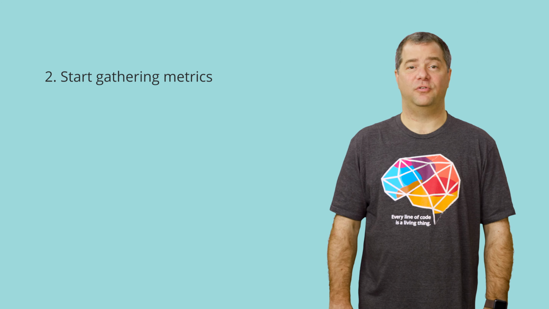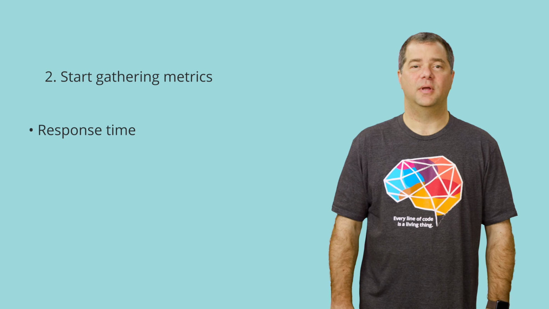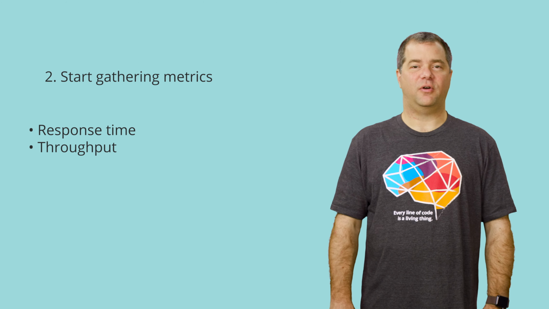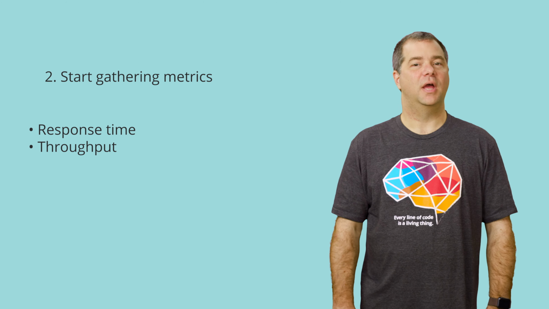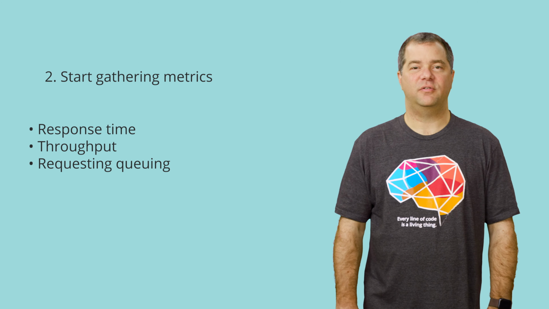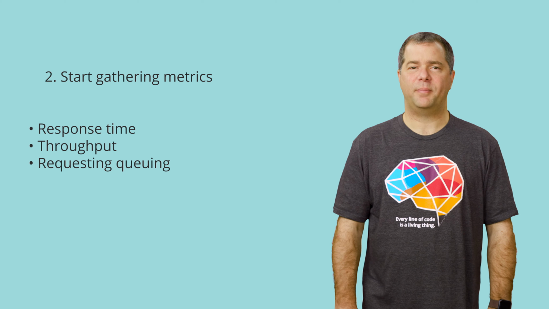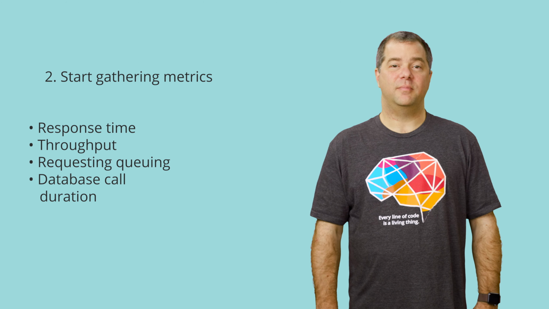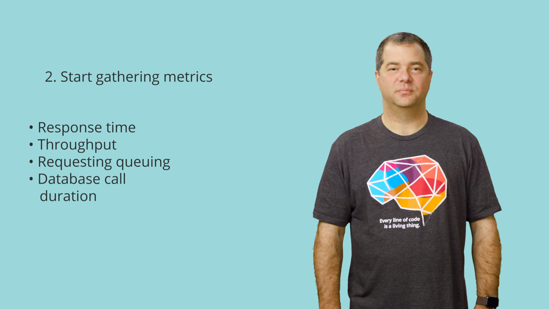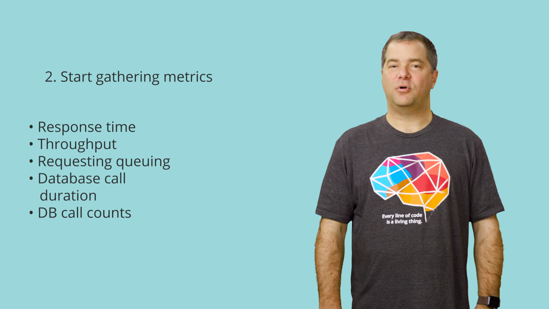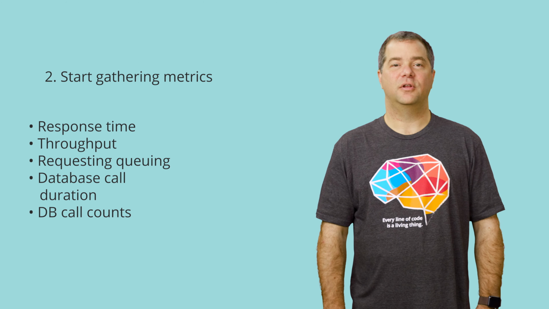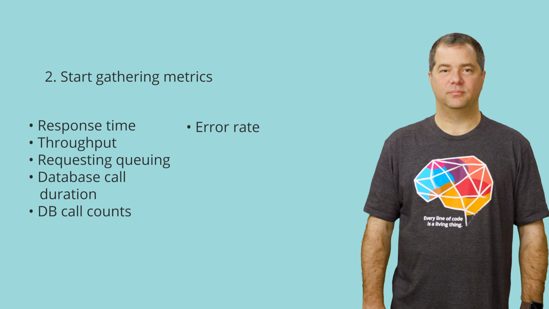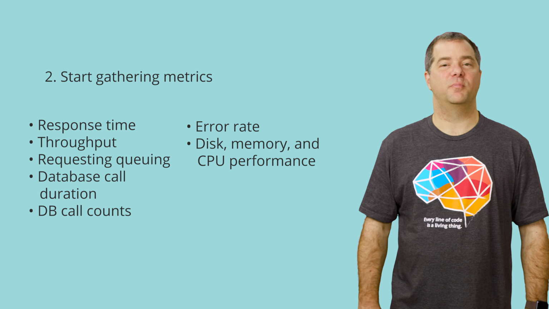Some recommended metrics you might look at include response time, time taken to respond to a request; throughput, number of requests that came through an application; request queuing, duration of time taken for a request to reach your application; database call duration, duration of time taken to complete a database call; DB call counts, number of calls made by an application code to the database; error rate, percentage of errors reported; disk, memory, and CPU performance.